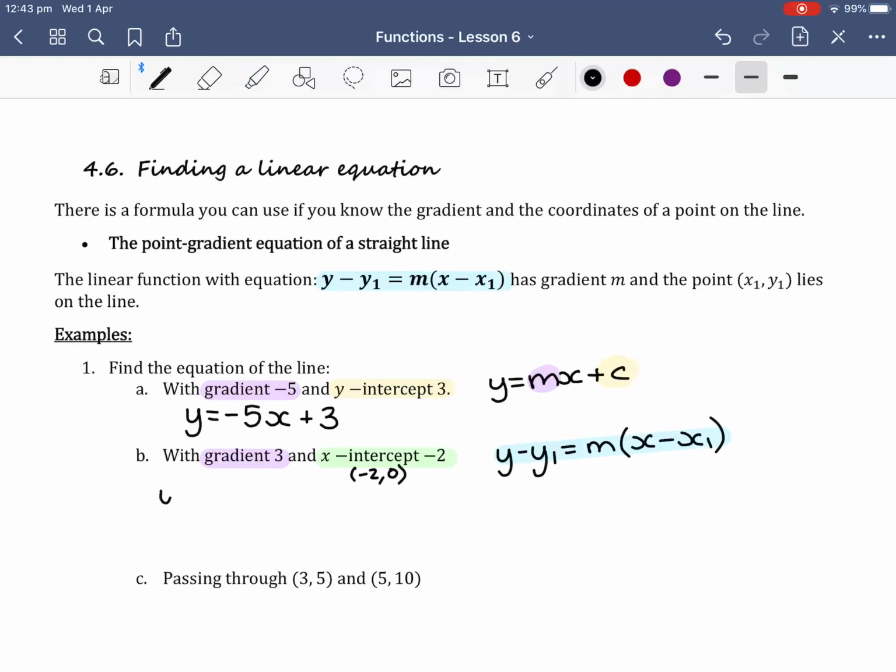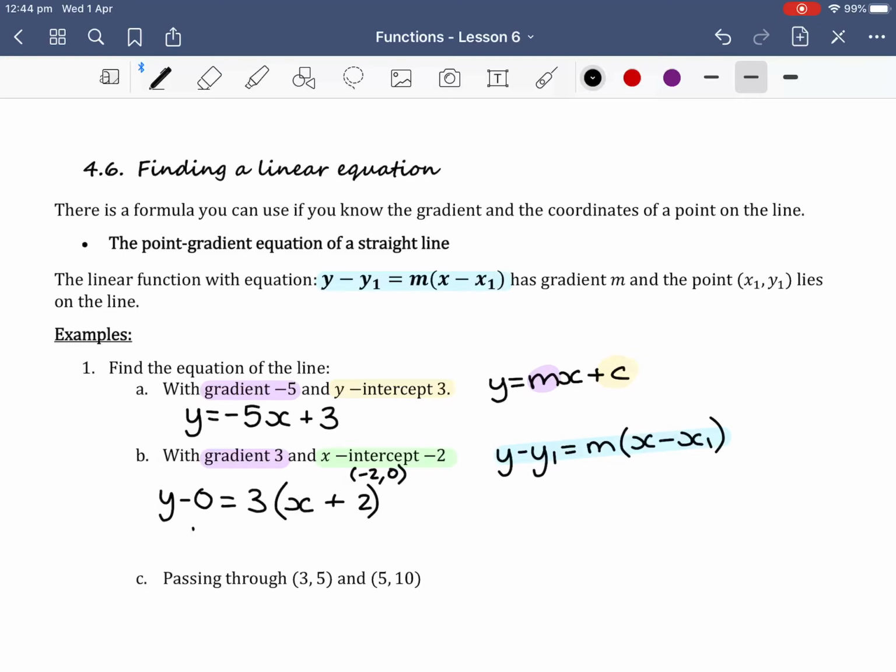So when we sub these in, we'll have y minus our y1, where our y1 is this 0 point, equals our m of 3 bracket x minus our x value, or our x1, of negative 2. So then this negative 2, when we have a negative times a negative, it turns into a positive.